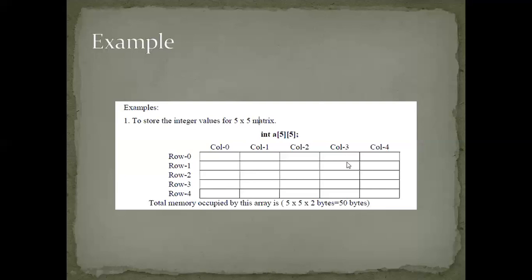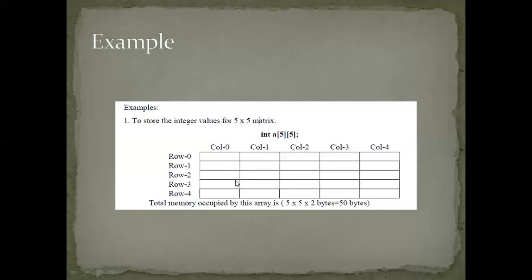We know the size of an integer for a 16-bit machine is 2 bytes, and the size of a character is 1 byte. We have gone through this concept; you might remember this. So when we declare int a[5][5], what is the memory allotted?